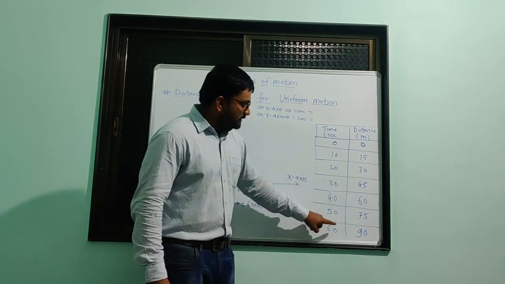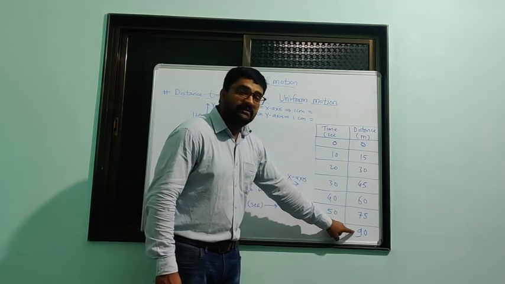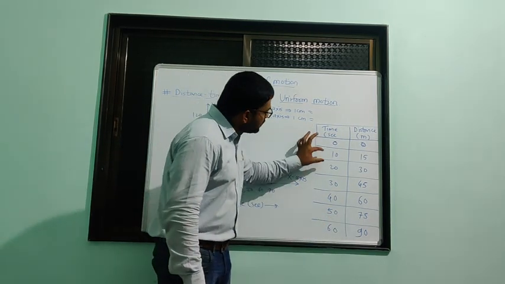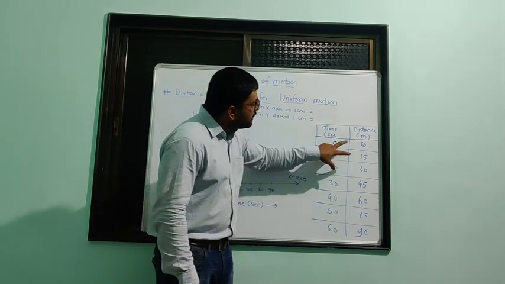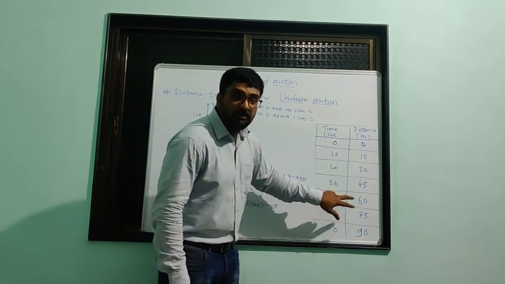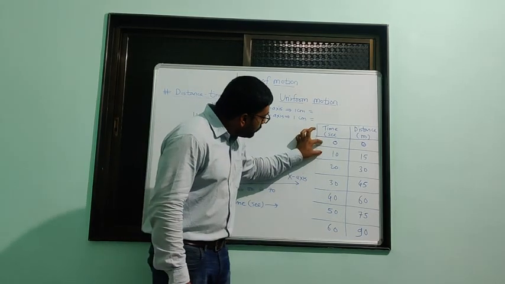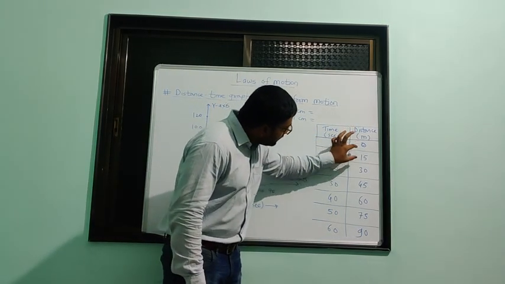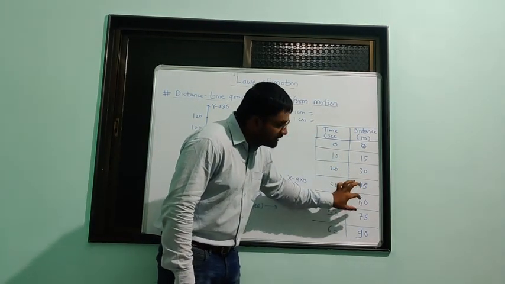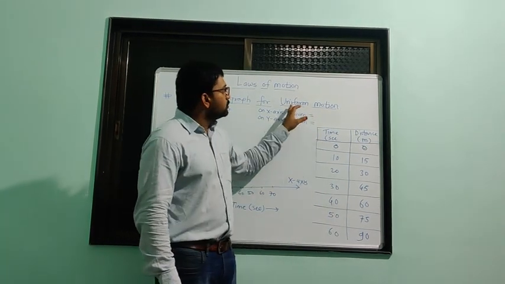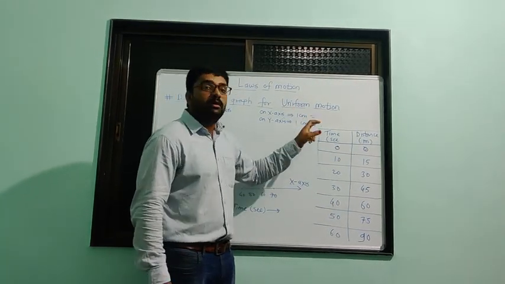Similarly, after 60 seconds our distance is 90 meters. In each interval of time our distance changes by 15 meters. For equal intervals of time our distance also changes equally. So such a motion is called uniform motion.